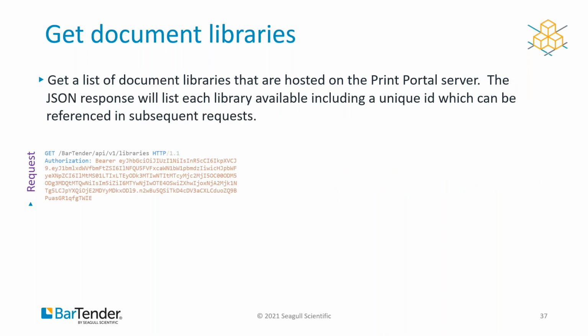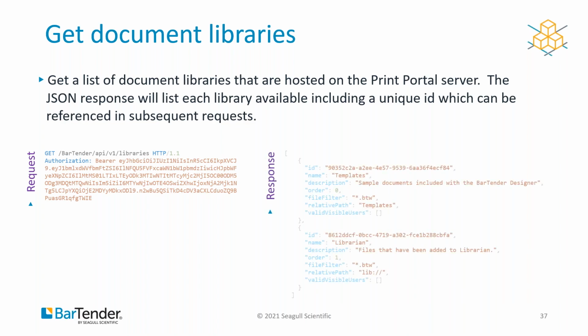So first off, if we want to get a list of the various document libraries that are available, we would make a GET request for the libraries, and if authentication is enabled, we would pass that bearer token, which identifies it is us that is making that request from where we authenticated earlier.